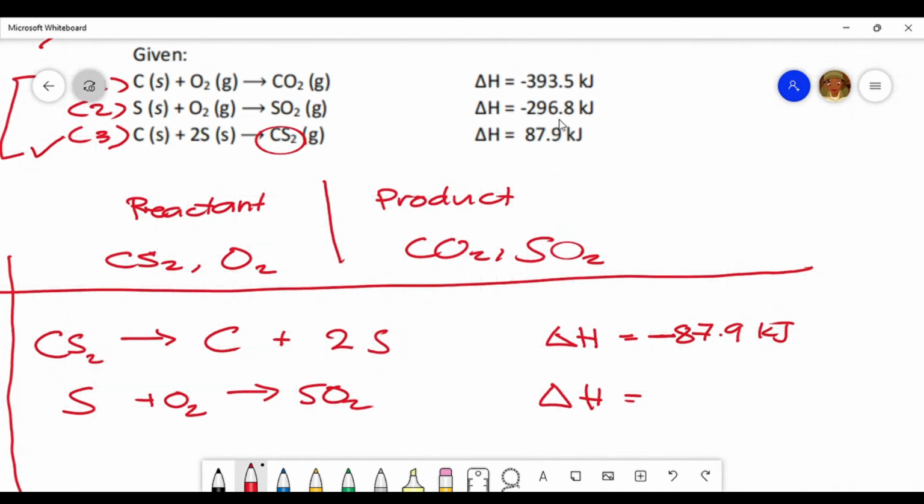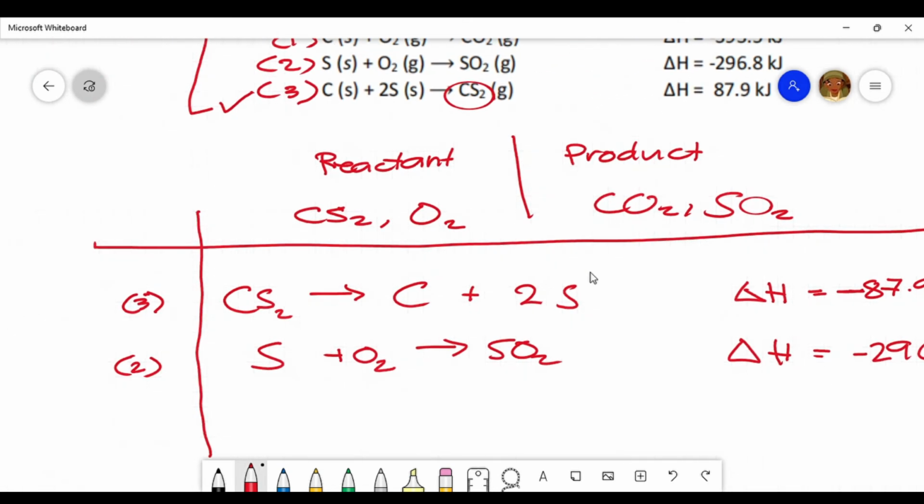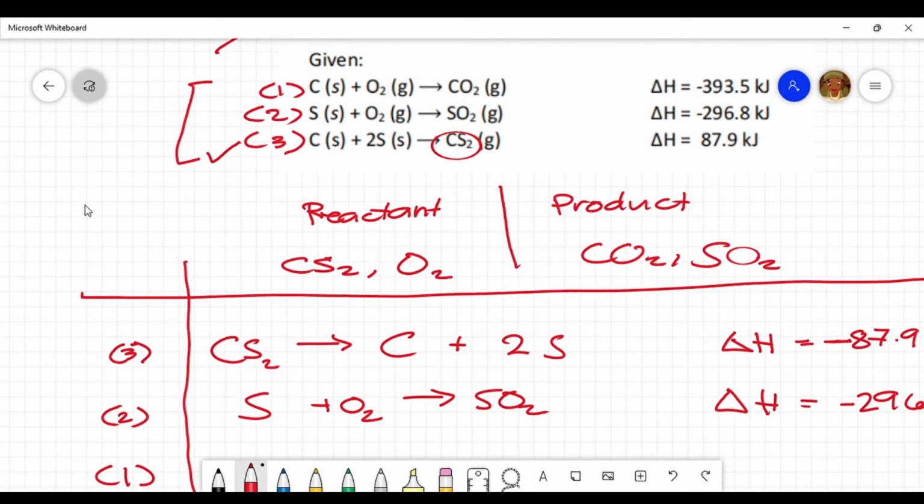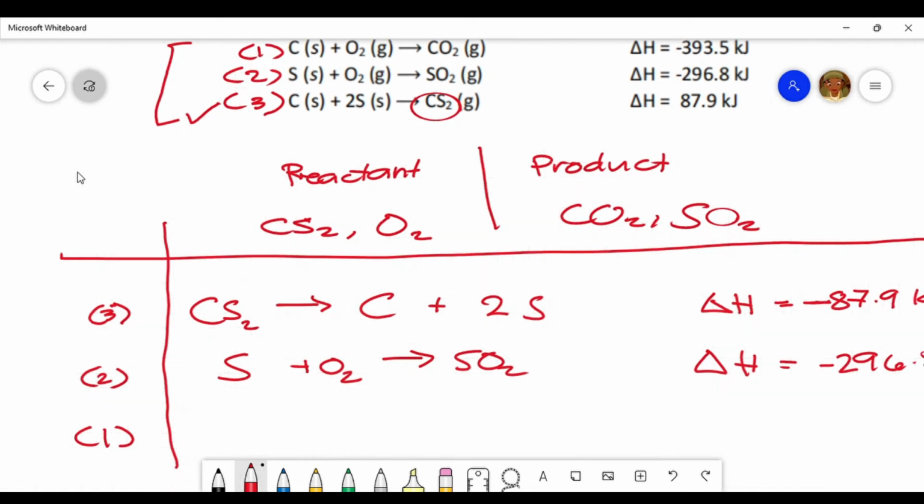It's negative 296.8 kJ. And I'll write the first equation as well. First, we have C plus O2 going to CO2, and also write the enthalpy change.